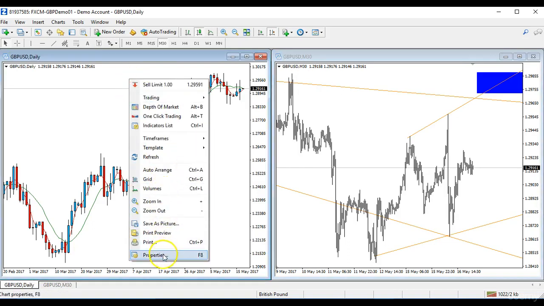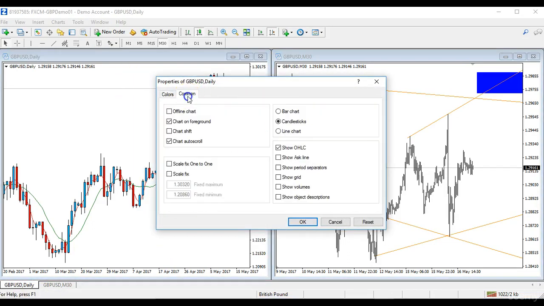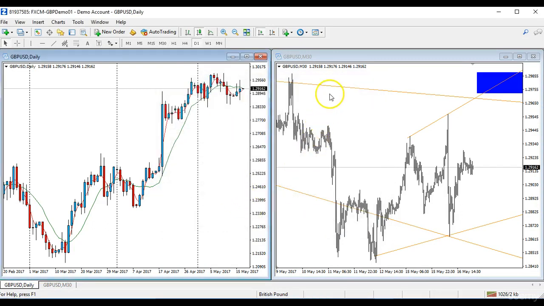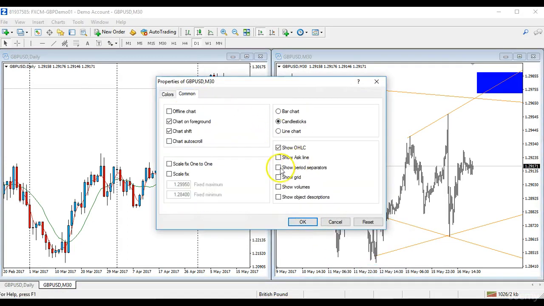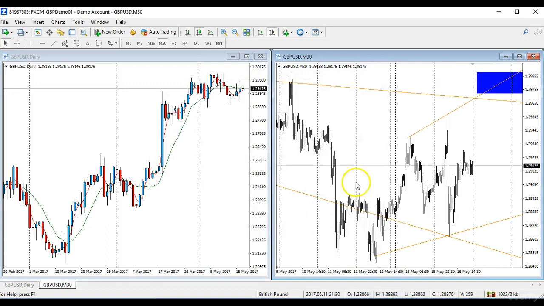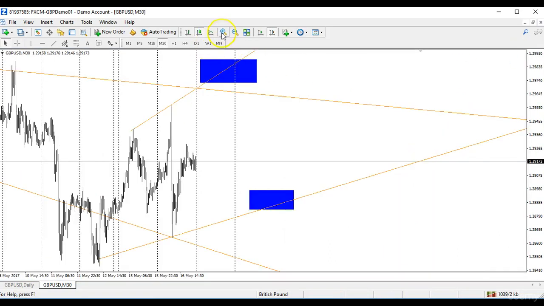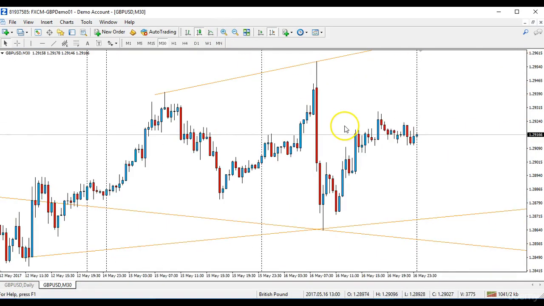If I go to properties and put the period separators in, and do the same for the 30-minute chart, the 30-minute chart's separators are each showing a period of time of 1 day.